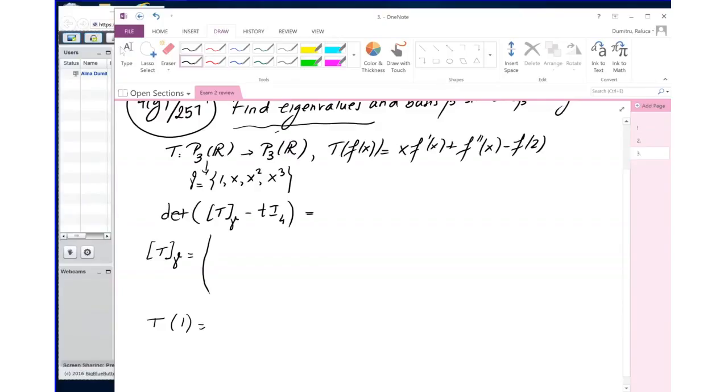The derivative of 1 is 0, the second derivative is 0, the value at 2 is 1, so negative 1: negative 1, 0, 0, 0. T of x: the derivative is 1, so times x is x. The second derivative is 0. The value at 2 is 2. So x minus 2: negative 2, 1, 0, 0.